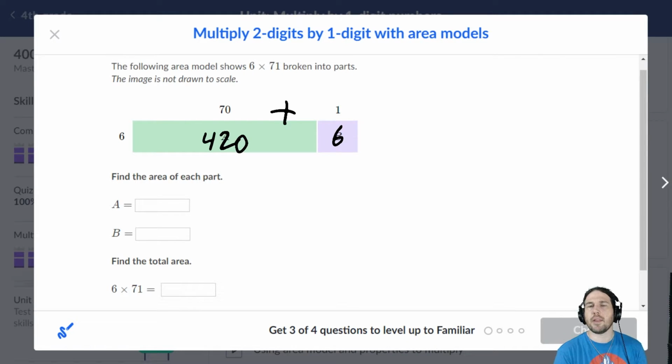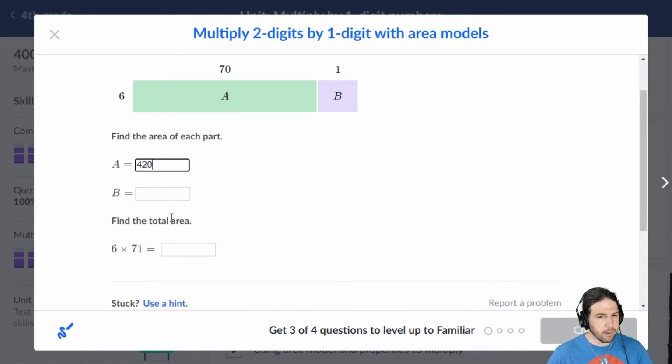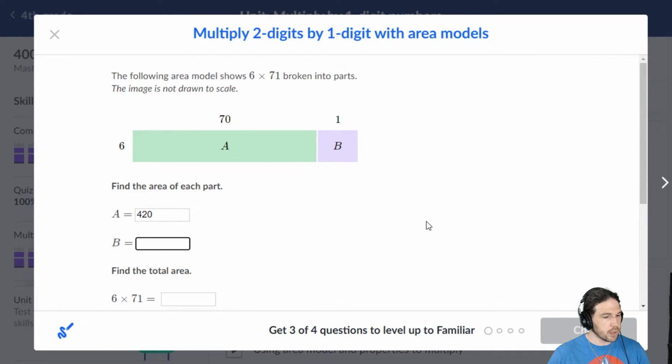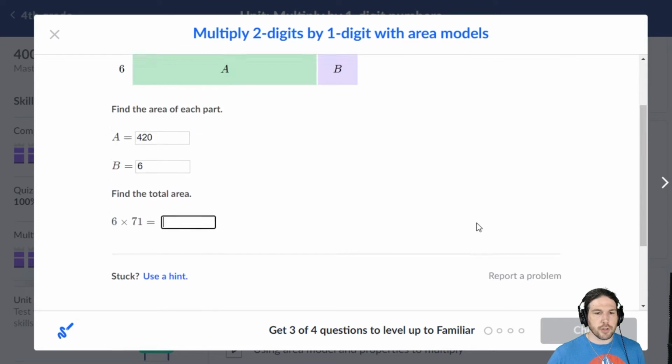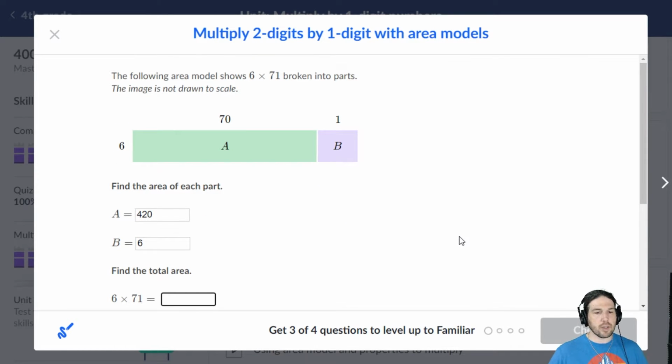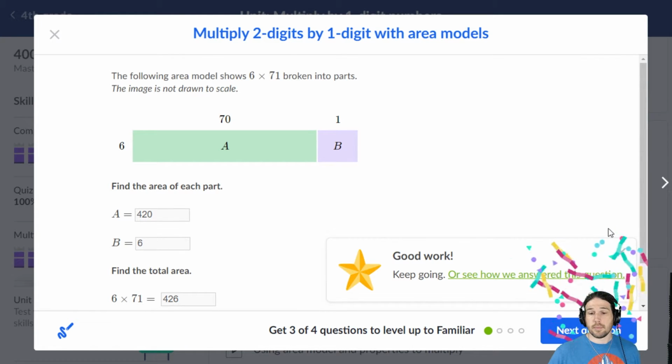It's the same thing that we were talking about before, where you break the number up into smaller pieces, do the multiplication separately, and then recombine them. So I got the area of A was 420. And the area of B was 6. So the total area, 6 times 71, is 426. Nice.